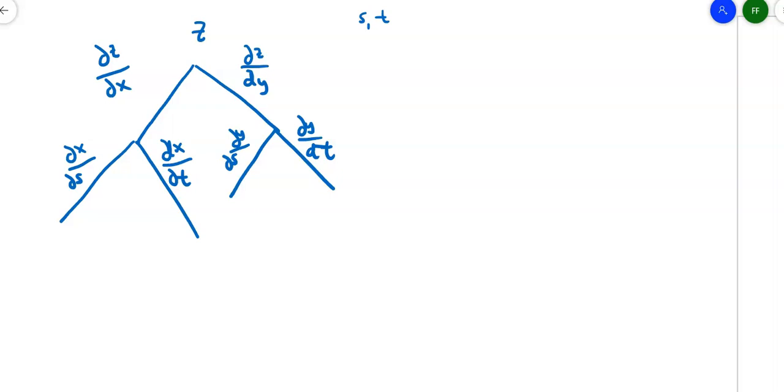We'll end up with a partial derivative of z with respect to s as followed down the one side. You'll get the partial z with respect to x plus, now pick the one you want. If you want the s's, then you want this path over here, the partial x with respect to s.